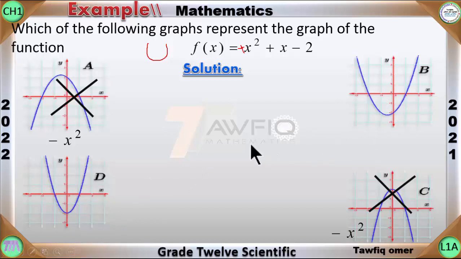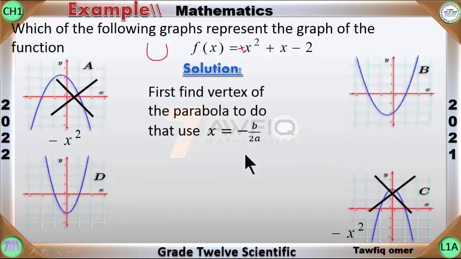We must search for the vertex. First find the vertex of the parabola. To do that, use x equals -b over 2a. You can see a is 1, b is 1, then x will equal -1 over 2 times 1, which equals -1 over 2. You can see the x of the vertex here is 0.